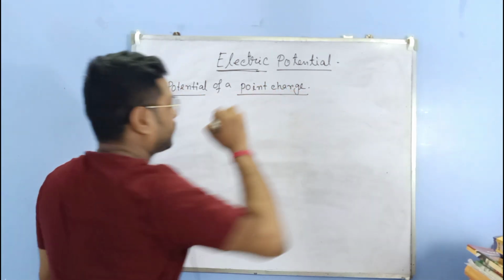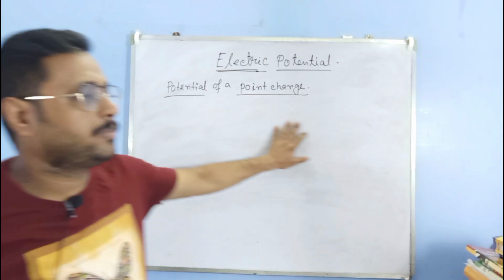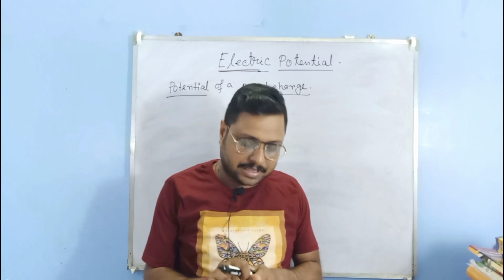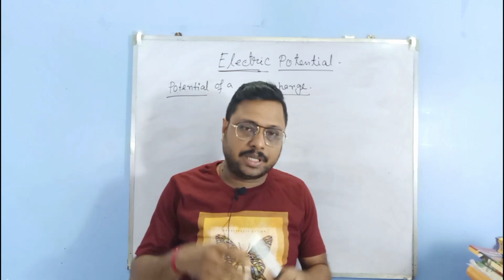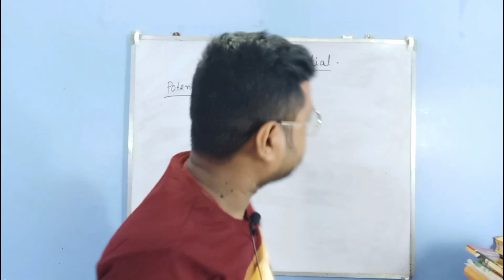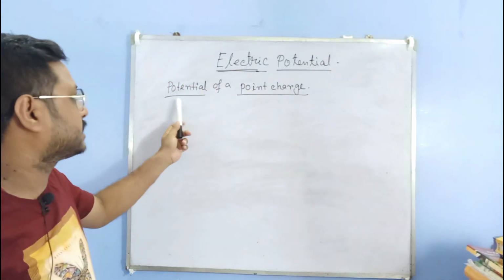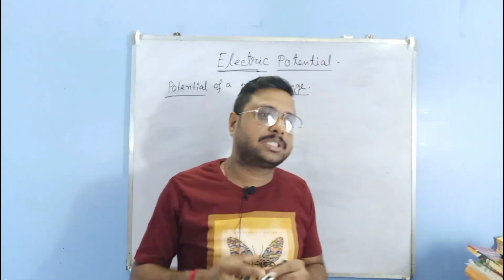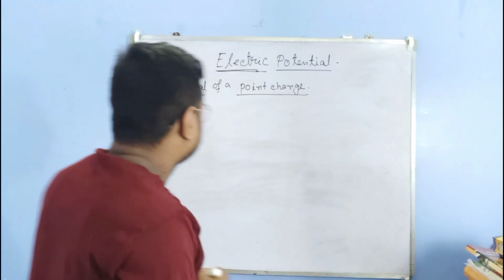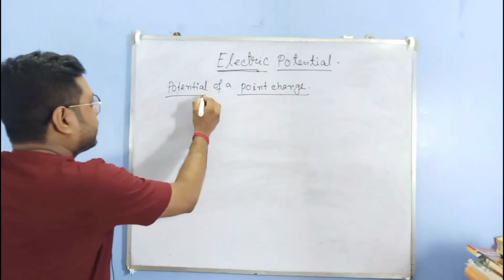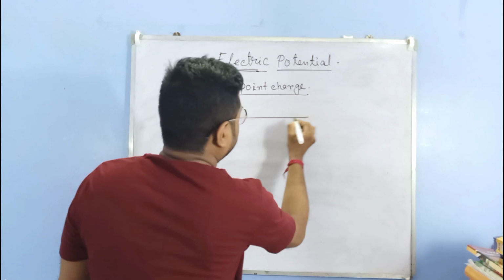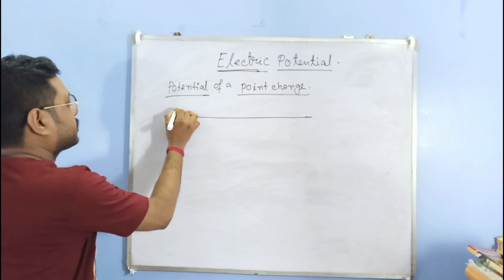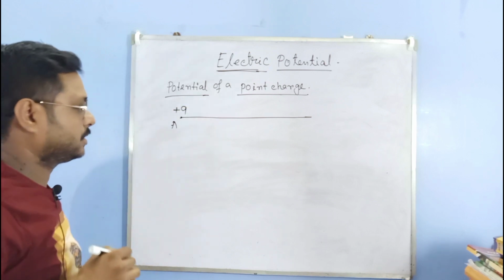Now we can try to find out the potential of a point charge. If we place a point charge in an electric field, what will be the value of the electric potential due to it? So we can write that, suppose again, at point A the source charge Q is placed.